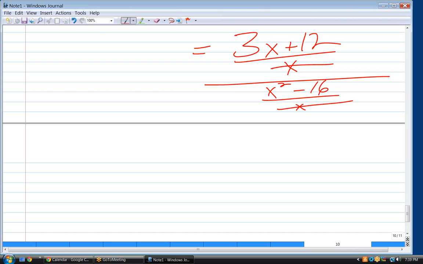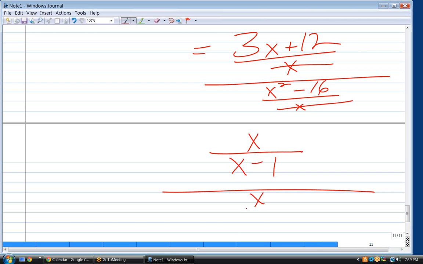And that doesn't really save you much, because obviously you would flip this and multiply and realize you could do that instantly anyway. But it's worth knowing that you can do it, and it's worth knowing that you can't do it if the numerators were the same. In other words, if I had something like this all over this, I cannot do this.